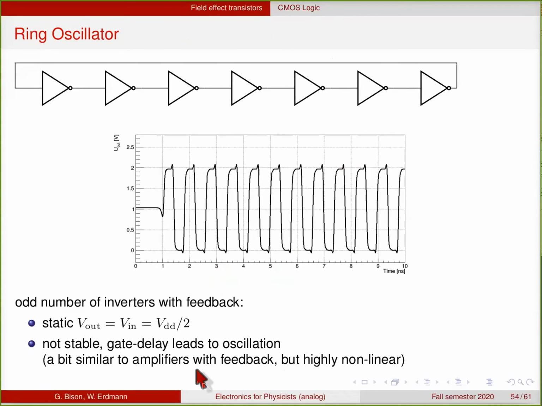This effect can be used in other ways. If you take such an inverter chain and connect the output of the last one back to the first one, and the number of these inverters is odd, then you might think you have a static situation where the input and the output are equal to half of the supply voltage, but this is not a stable situation.